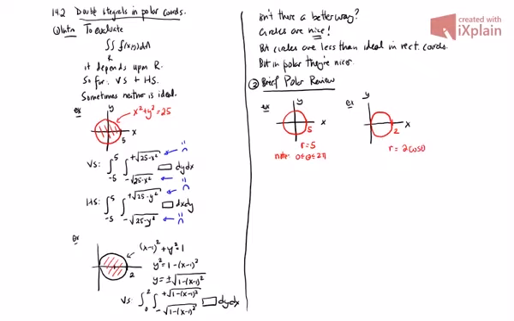And this is for angles negative pi over 2 less than or equal to theta, less than or equal to pi over 2. If that's a bit fuzzy, the way to remember that is that there's only circle between here and here. Those are the theta for which we have circle.